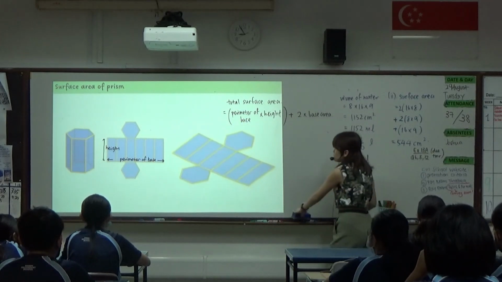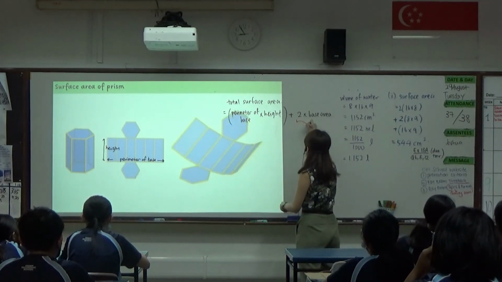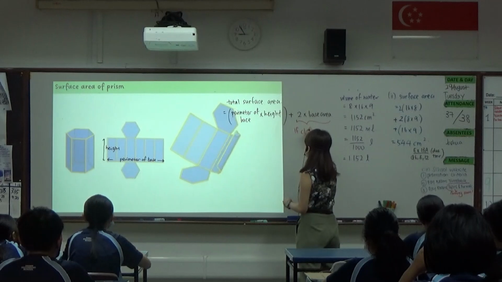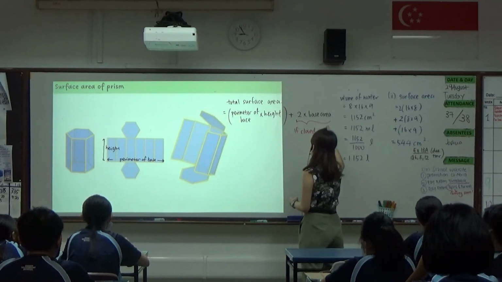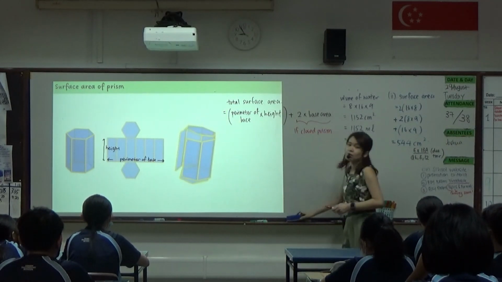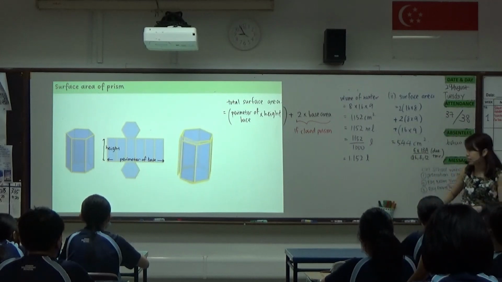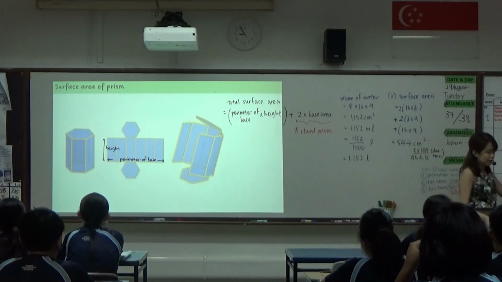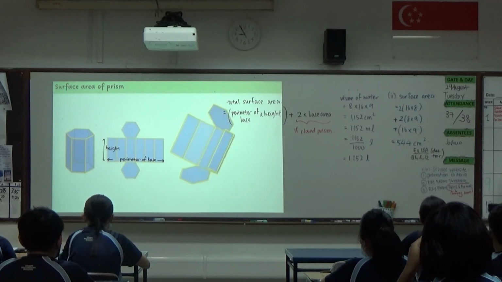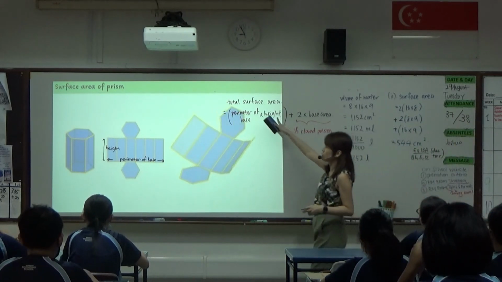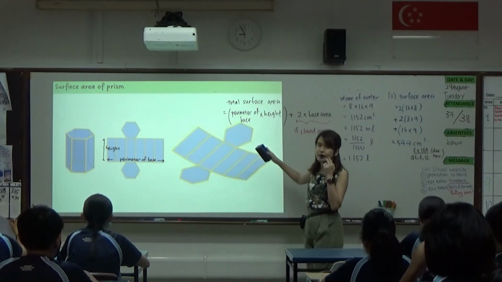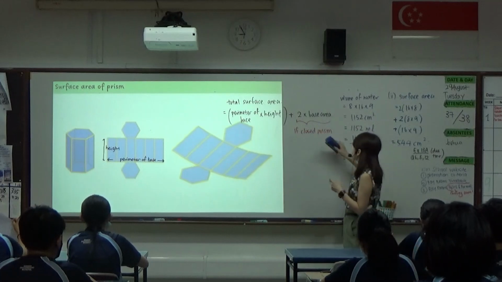And this is only provided if it is a closed prism. Right? So I hope that these things are noted down in your worksheet that I've given you when it comes to the total surface area of a prism object. Right?